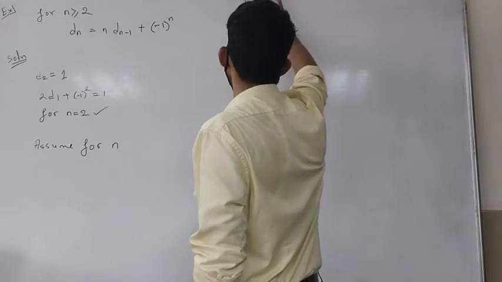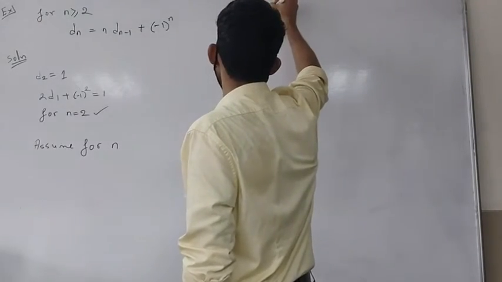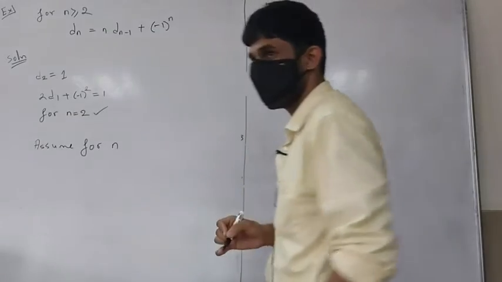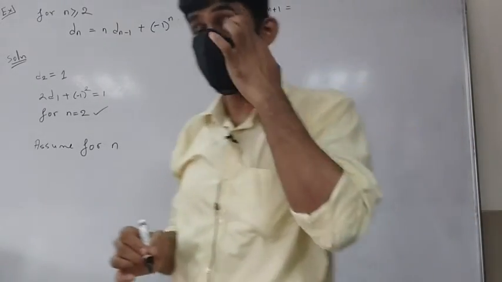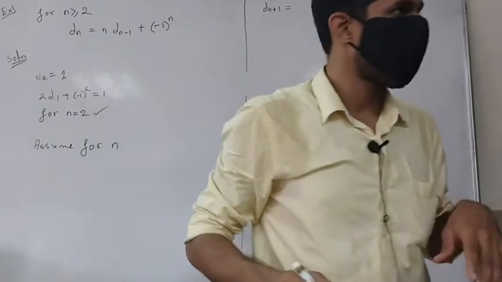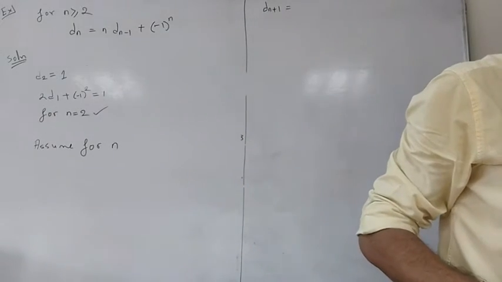Okay, what is dn plus 1? What is the formula which we have proved? Can anyone check and tell me? What is the formula for dn?